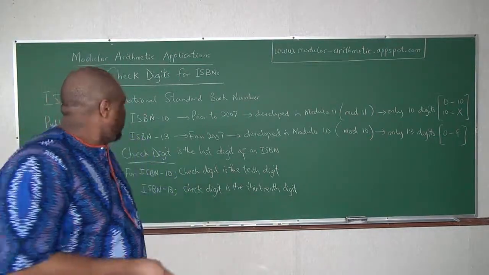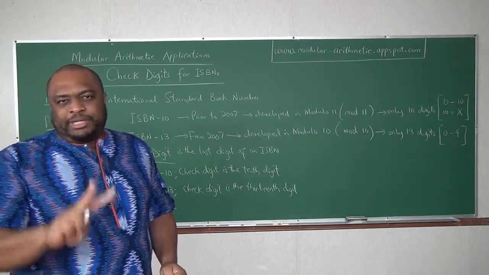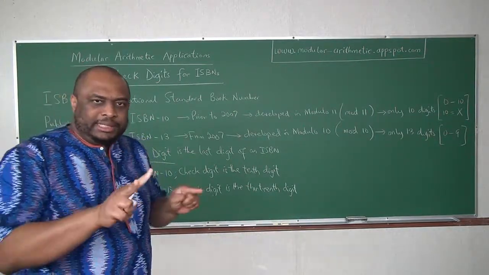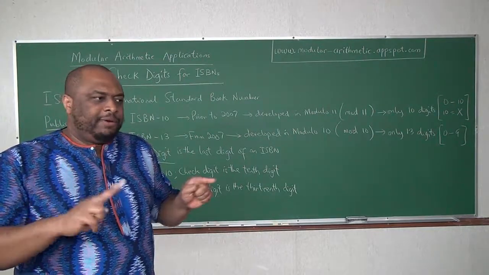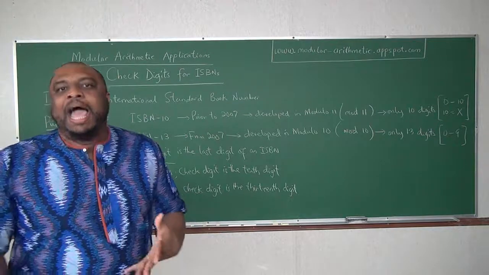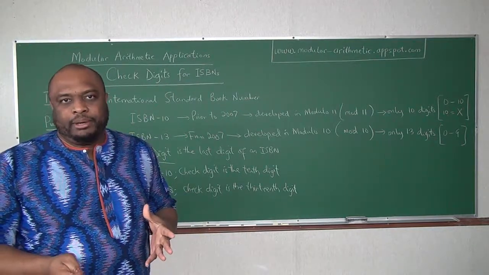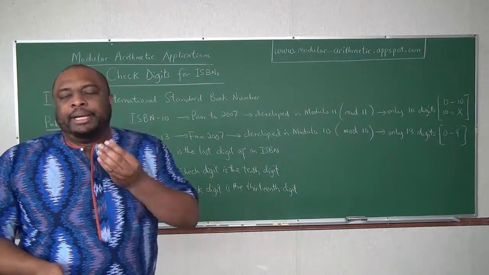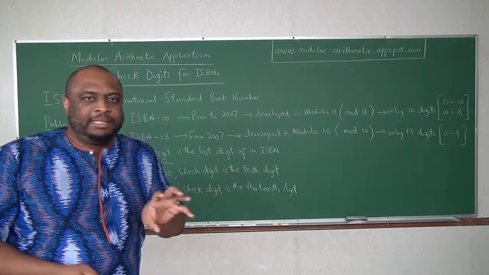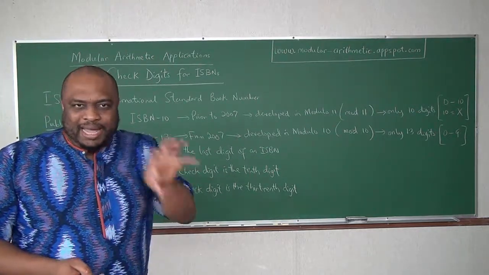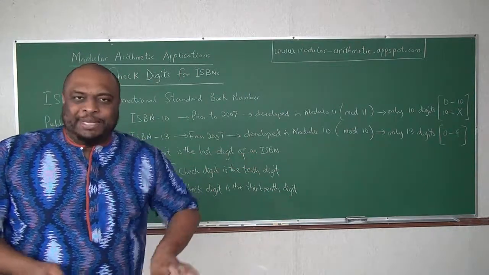So the second use of the ISBN check digit is that it checks for errors; it's good to check for any mistyped numbers. Number 3, the check digit is used to convert an ISBN from an ISBN-10 to ISBN-13.